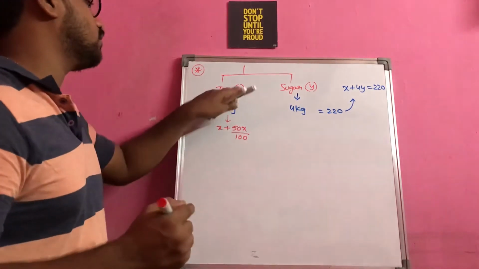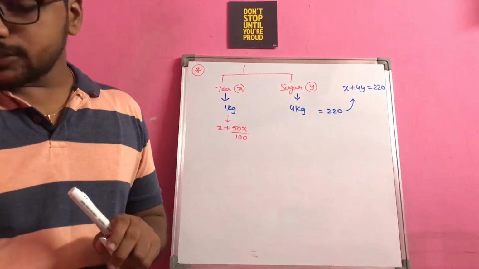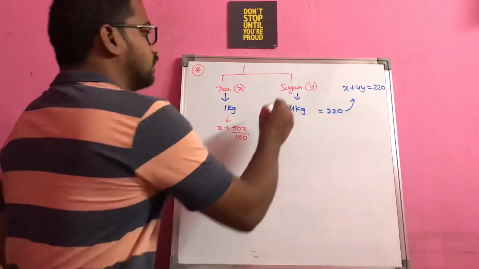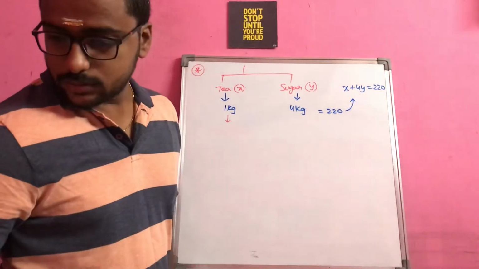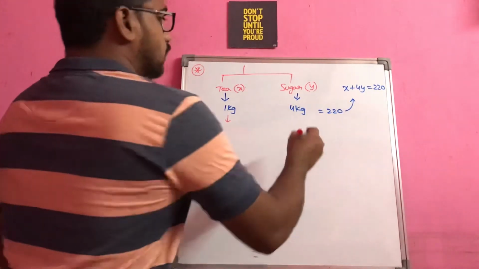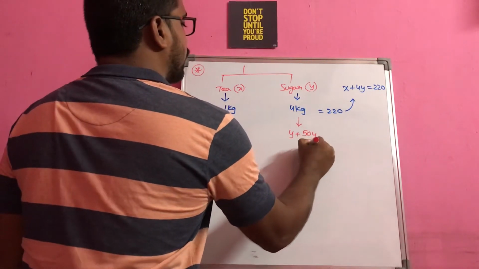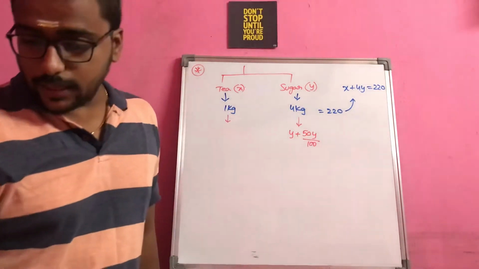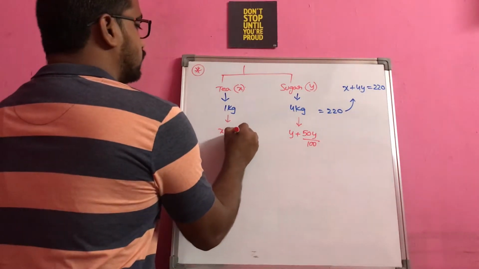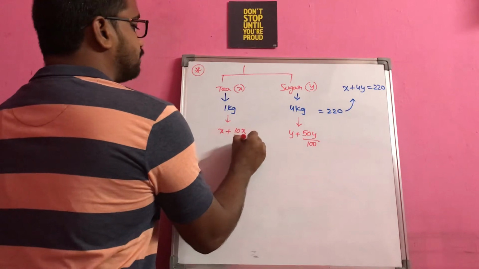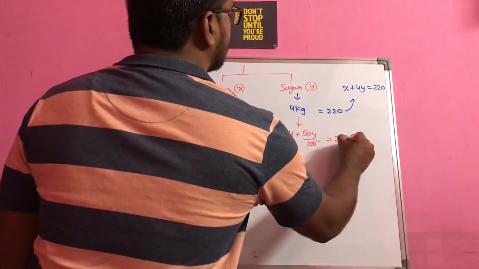Oh, sorry, I am talking about the sugar, so this is already y and then 50%, 50y by 100. Come to the tea. Price of tea increases by 10%. This is already x rupees. 10% means 10x by 100. The cost would become 266, they are saying.